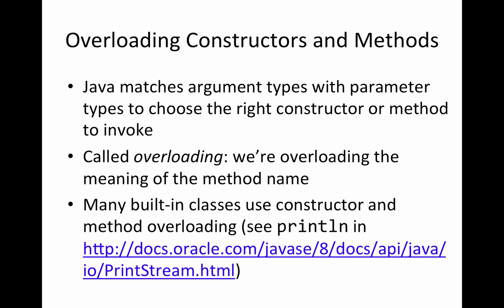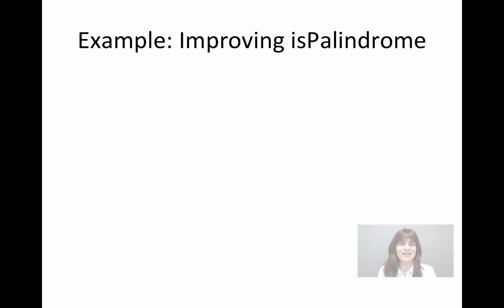You may have already observed overloading in built-in Java classes, like the println method. If you haven't, do take a look at the Java API, for instance of the println method, and see overloading in action. You may be wondering why overloading is allowed.